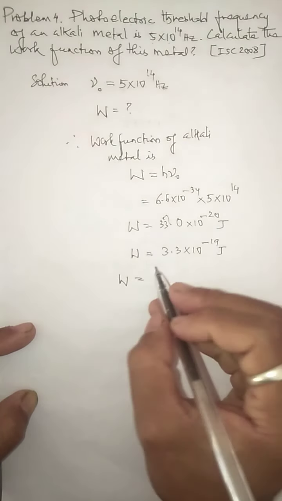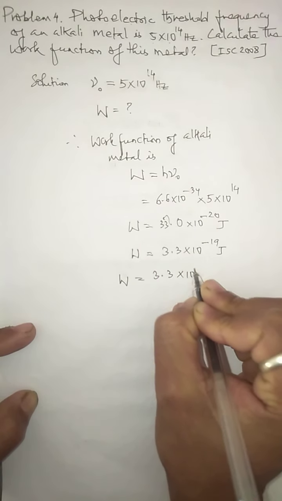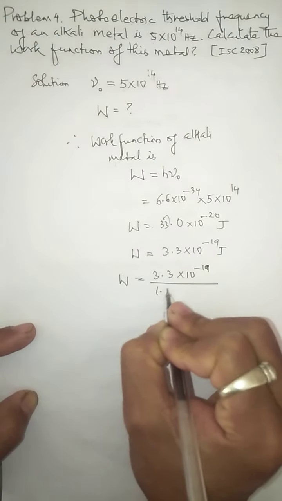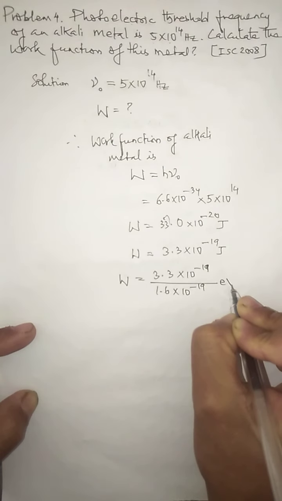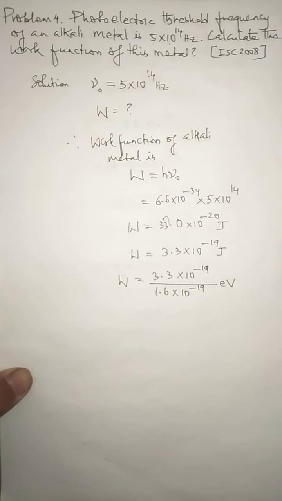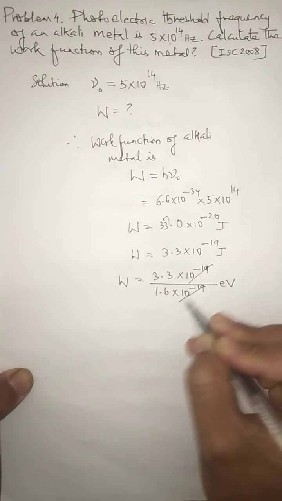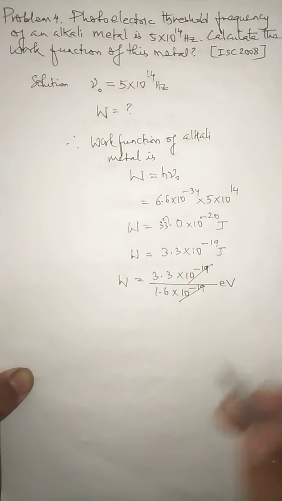You know what we need to do? We need to divide by 1.6 into 10 to the power minus 19 joule. So I divide by 1.6 into 10 to the power minus 19, and it will be in electron volt. So children, in this case, 10 to the power minus 19 in numerator and denominator will cancel out.